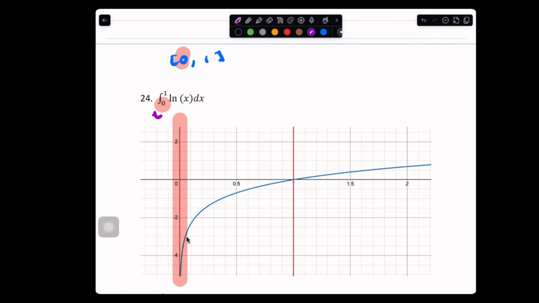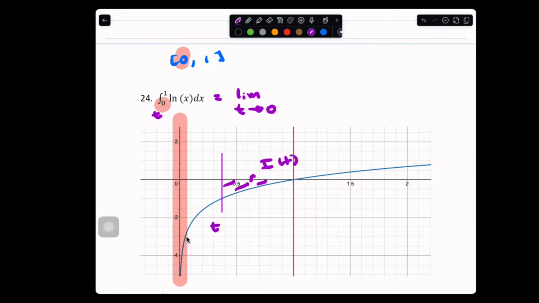So we're going to have to let the left endpoint be t. It's going to be the limit as t goes to 0. Again, we're going to have that t here. If we can draw a straight line, let's do that here, trying to find the area. This is where our t will be, and this is the I of t we're looking for.